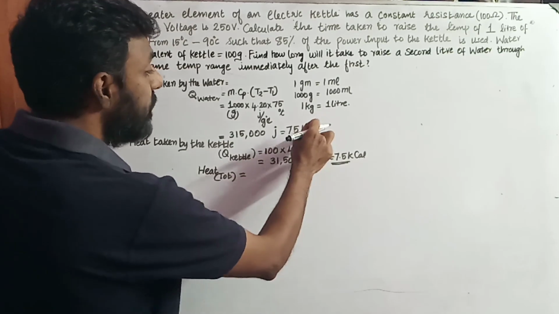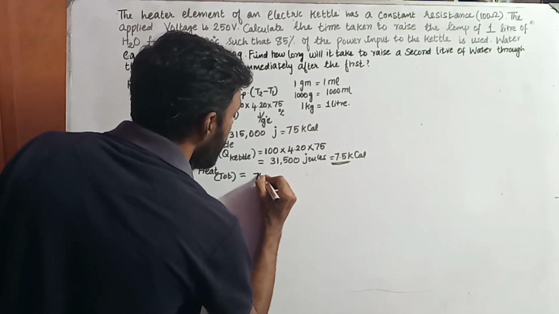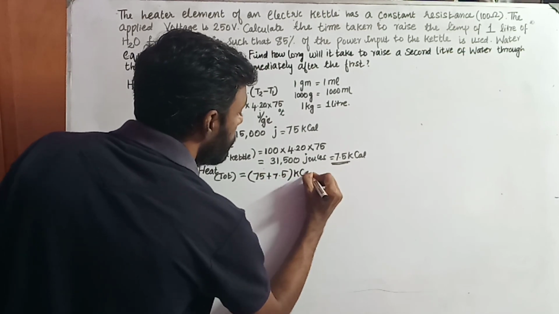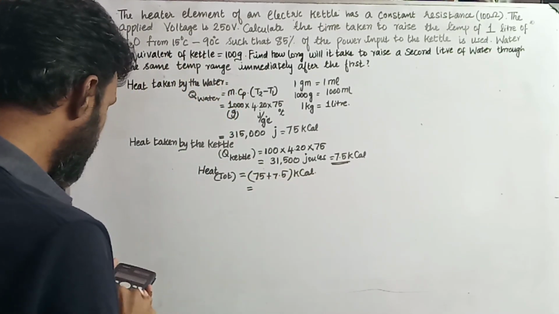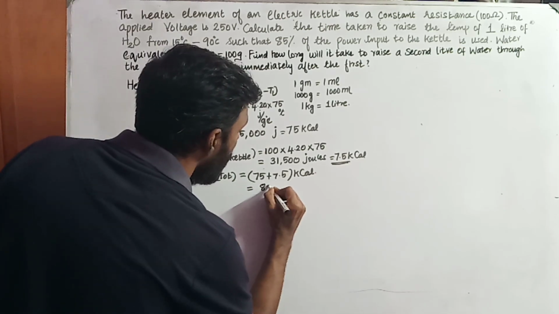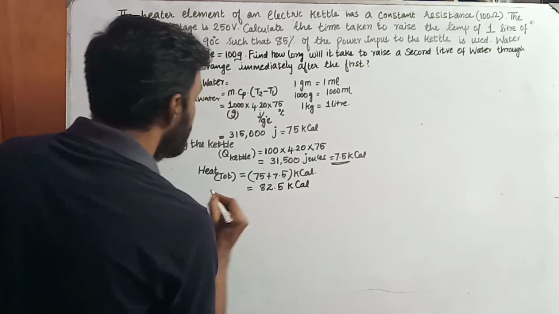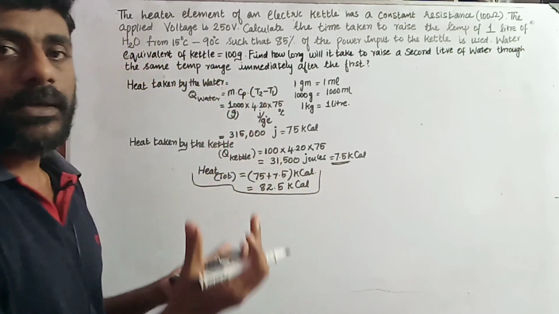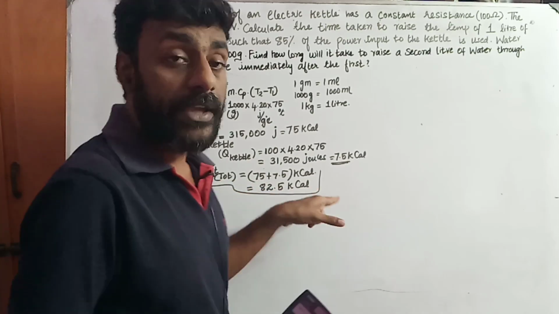So that will be 75 kilocalories plus 7.5 kilocalories, which is 82.5 kilocalories. Okay, this is the total value, total heat that is being taken by the system.